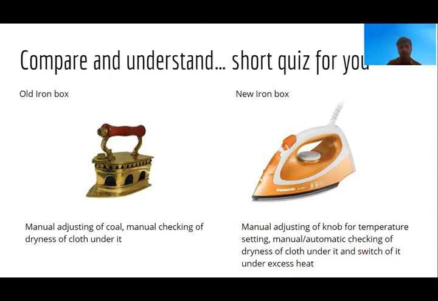In the new iron box, we have to manually adjust the temperature knob to our desired point, but there is no need to check whether the clothes are dried or not. Automatically the sensor will sense the temperature and switch off whenever the temperature exceeds the limit.